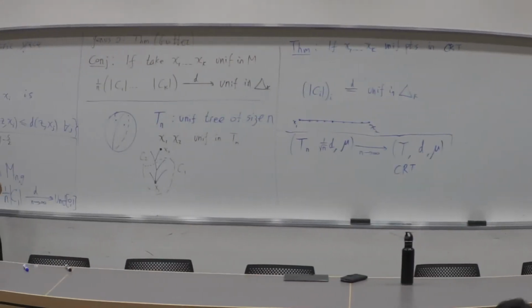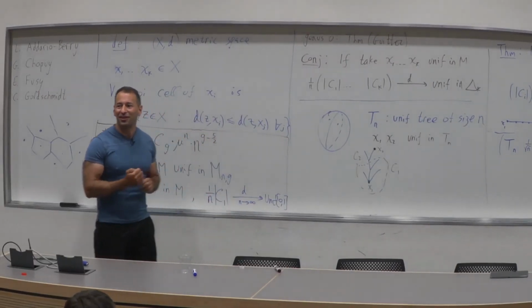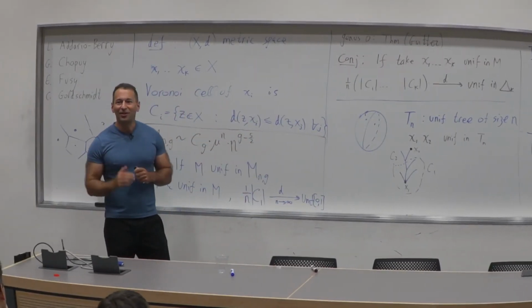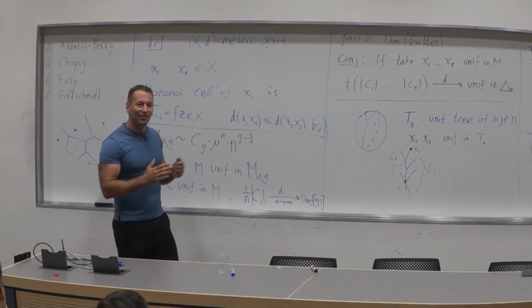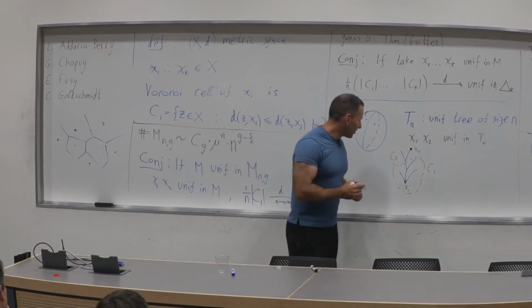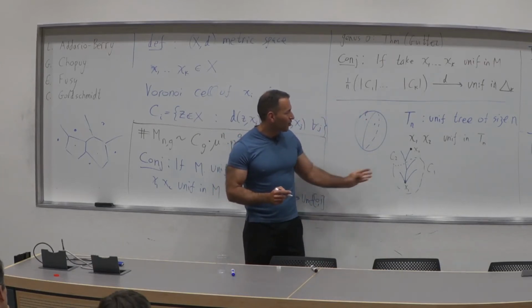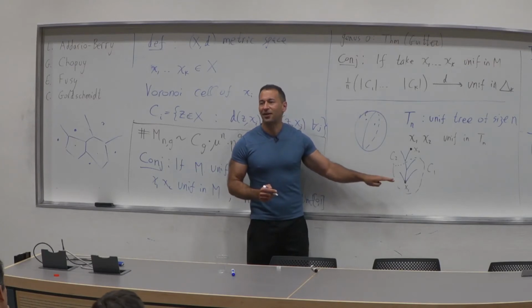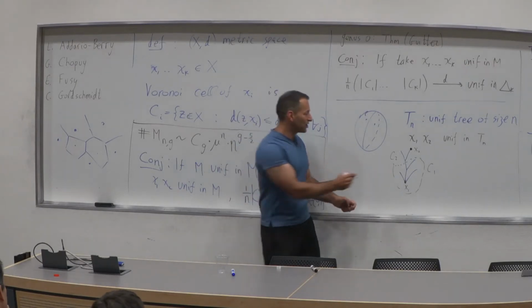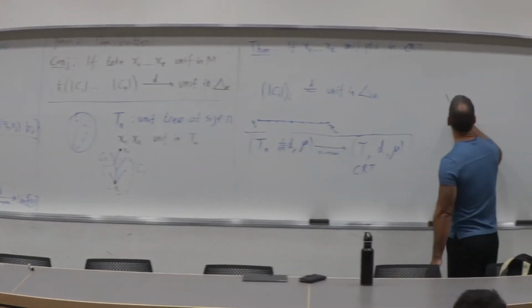Now, in order to say a few things about the proof, I need to say a few things about what the CRT is and some of its properties. I'll remind people of this. The first thing to know: if you have a finite tree, you can consider the contour around the tree. Let's draw a larger tree.